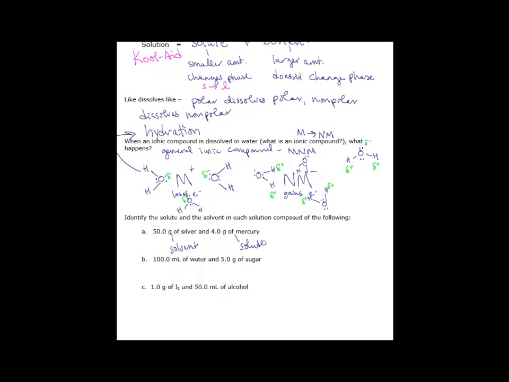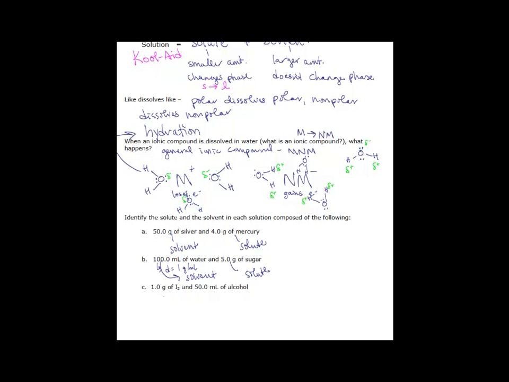B, we have 100 ml of water and 5 grams of sugar. We'll say that density, just to repeat, of water is 1 gram per milliliter, so it's the same as 100 grams. So you have 100 grams of water and 5 grams of sugar. So water will be the solvent, sugar will be the solute, and then the last one, 1 gram of iodine and 50 ml of alcohol.